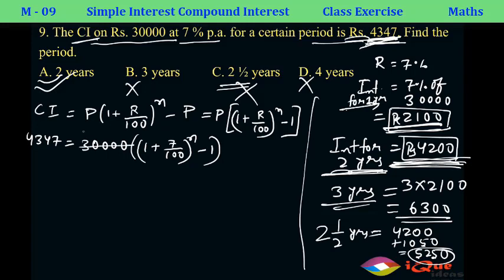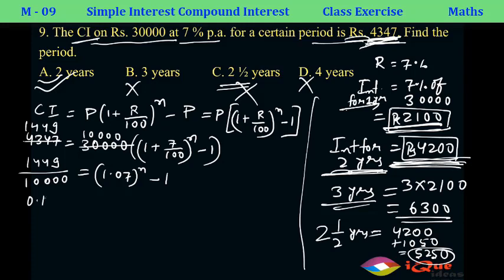So 3 divides 30,000 10,000 times, and 3 divides 4347 1449 times, and now we get 1449 upon 10,000 equal to 1 plus 7 upon 100 becomes 1.07 to the power n minus 1. Now 1449 upon 10,000 is 0.1449. 1 comes to the left hand side, so plus 1 is equal to 1.07 to the power n. Right?